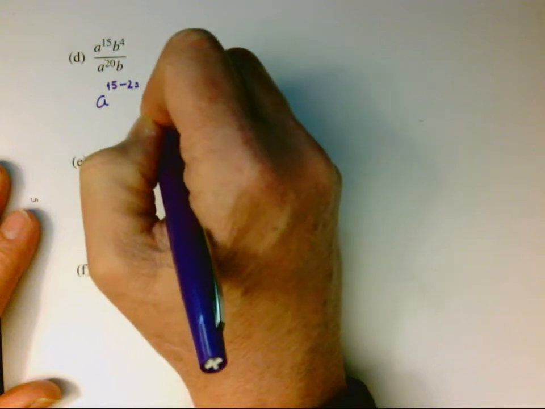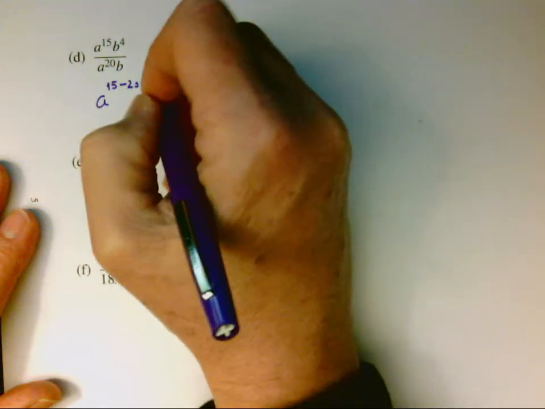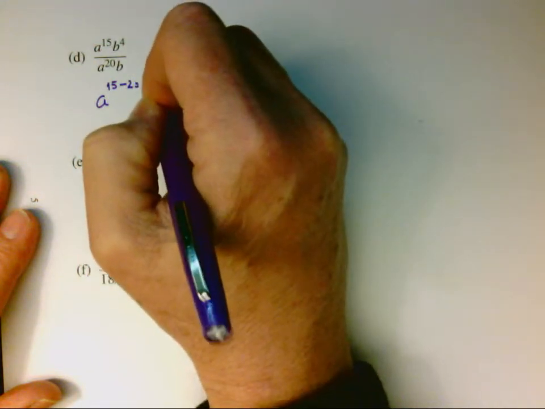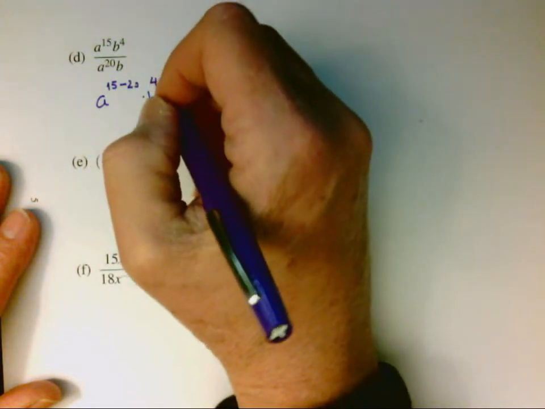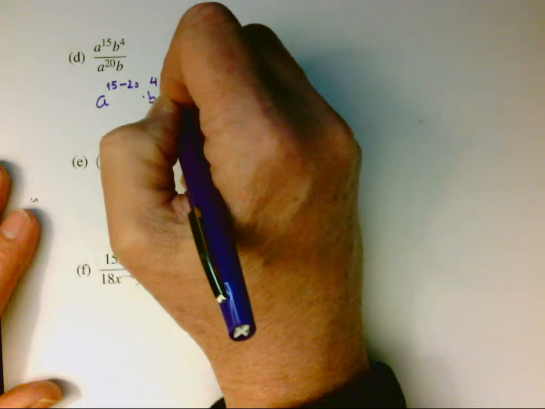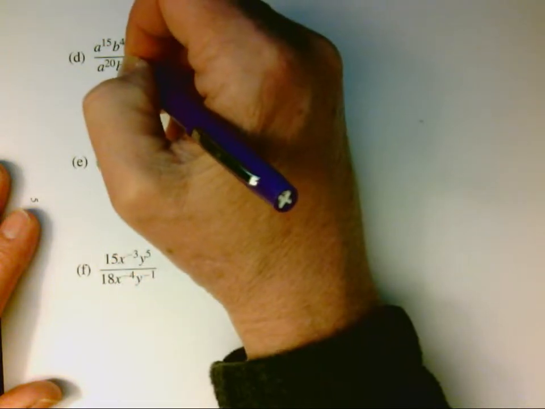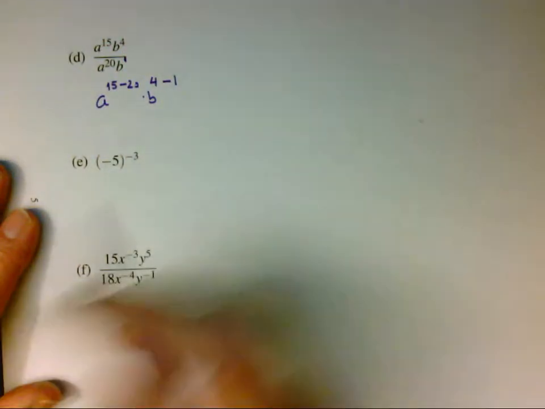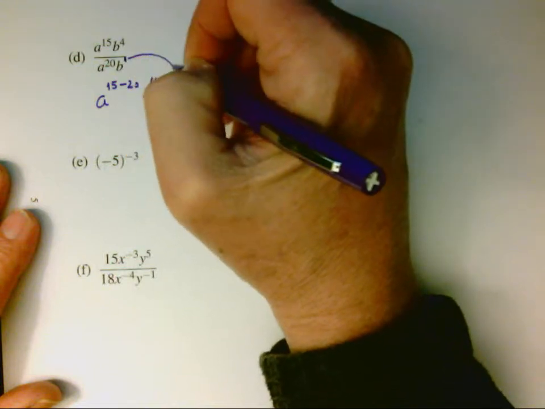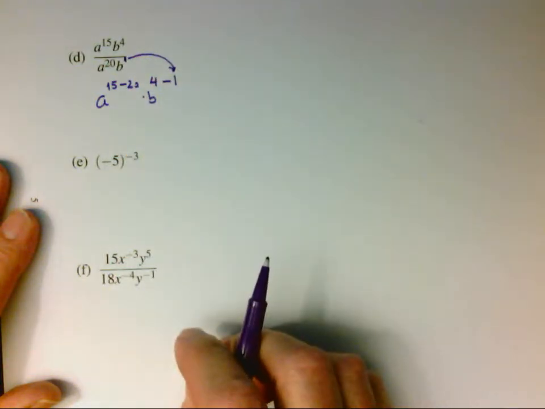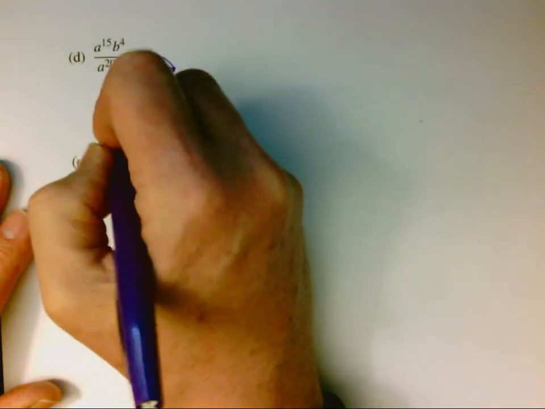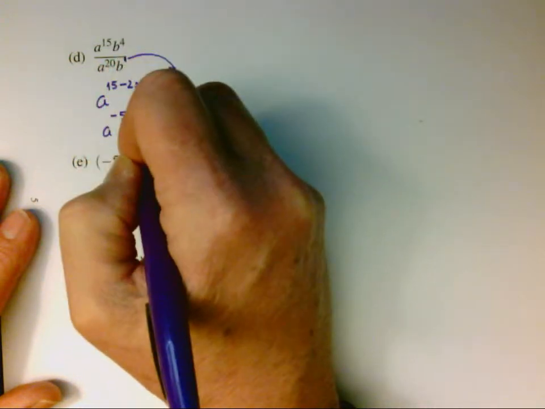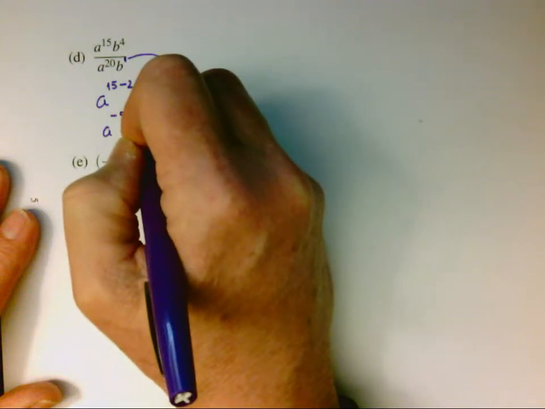Then we're also doing b's. We're multiplying b to the 4. Then we're dividing that by b to the 1. So remember that b right there was actually a b to the 1. And since it's on the bottom, we're subtracting it. So we have a to the negative 5, b to the 3.